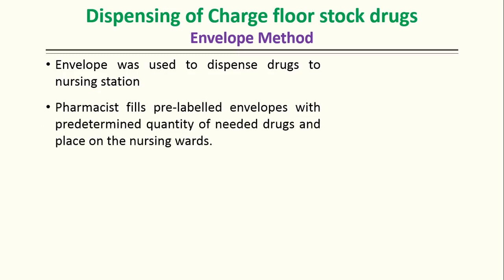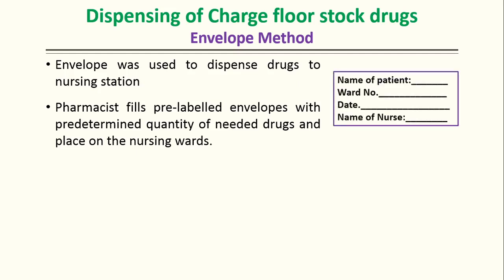The pharmacist pre-fills the envelope with a predetermined quantity of the needed drug for that patient and places the envelope in the nursing ward. There is a pre-label on the envelope, with the name of the patient, ward number, date and name of the nurse who gave the drug to the patient.